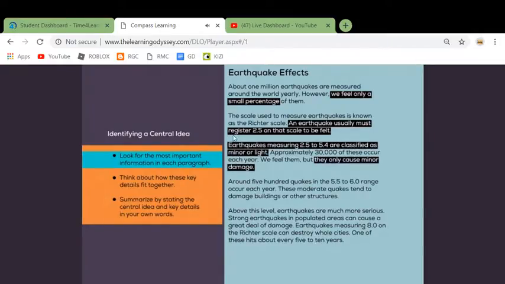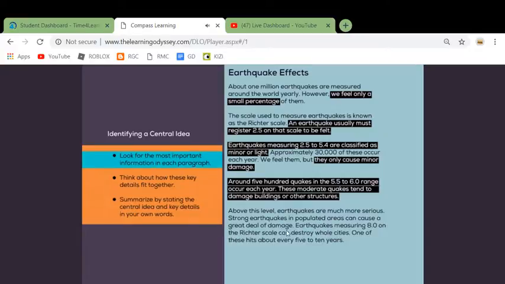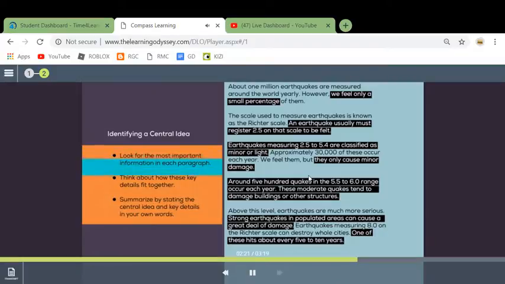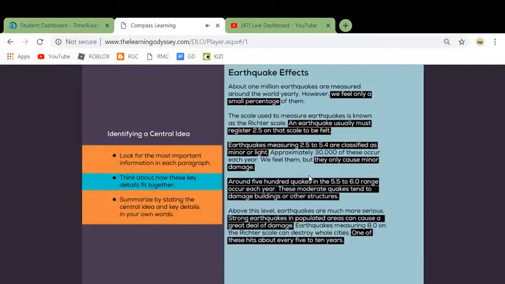The third paragraph says that earthquakes up to 5.4 cause only minor damage. The next paragraph tells us that each year, 500 quakes that are serious enough to damage buildings occur. The final paragraph says earthquakes in populated areas can cause horrible destruction, but the most severe hit only once every 5 to 10 years.